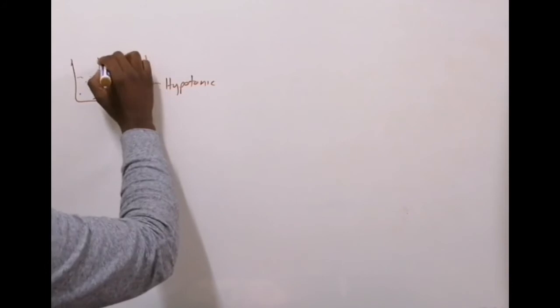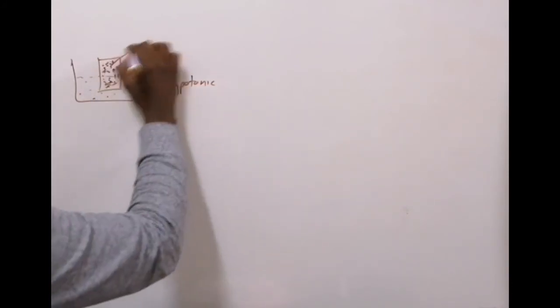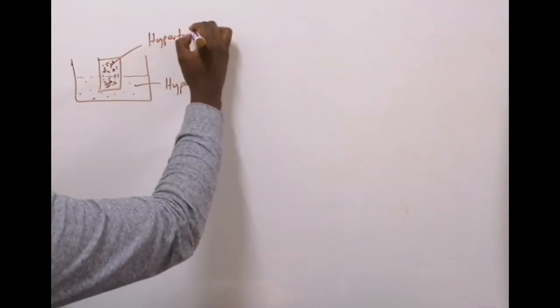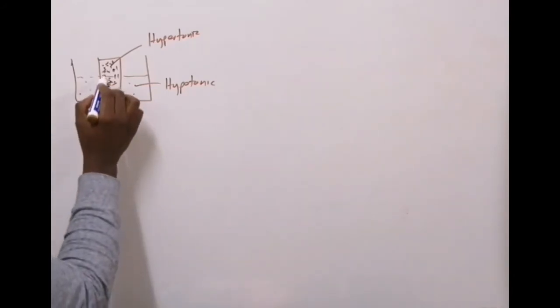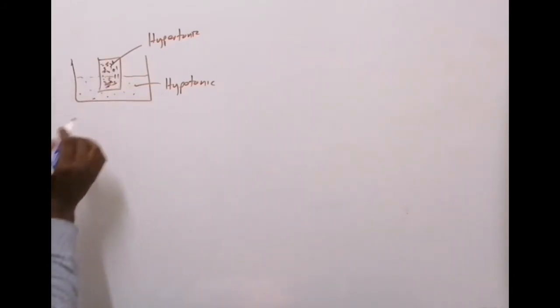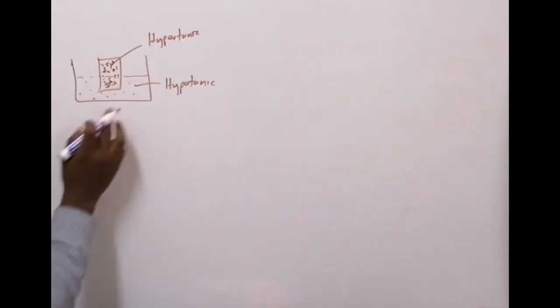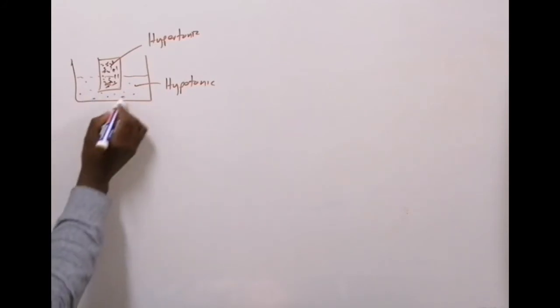And this one, because it has got a higher concentration, is hypertonic. So the hypertonic cell is going to draw the water from this container.